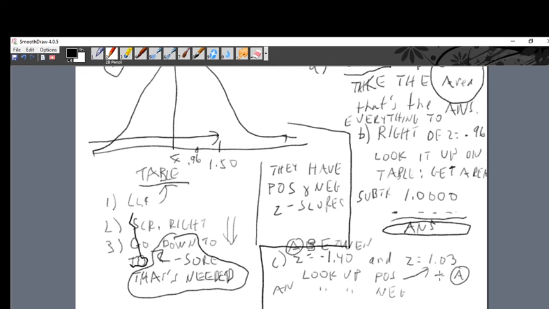You'll get an area. Look up this negative one on the negative list. You'll get an area. And subtract it. Obviously, subtract the lower area from the higher.